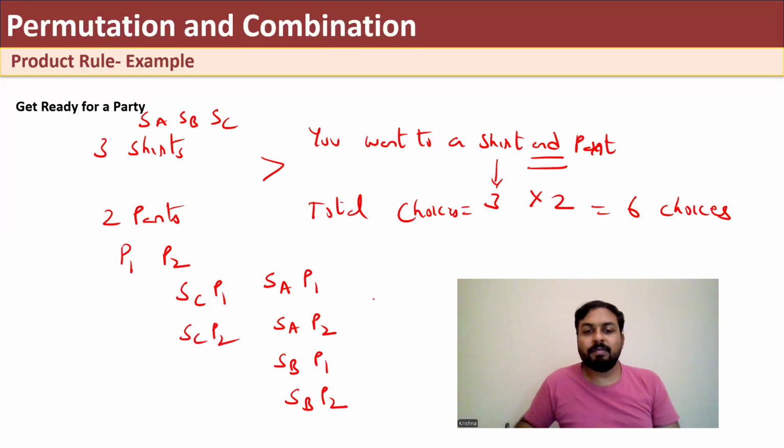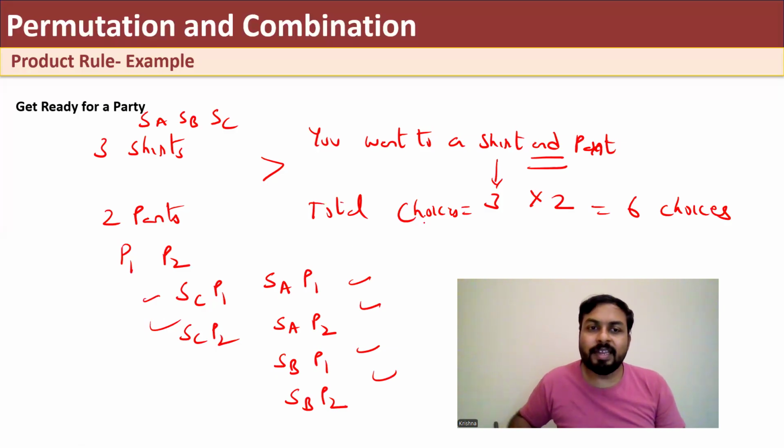These are the six choices I have: 1, 2, 3, 4, 5, 6. So whenever you have scenarios where you have to do both things and you have options in both, the number of choices is 3 into 2, 6 choices. So you basically multiply.